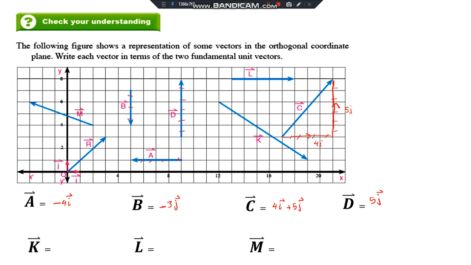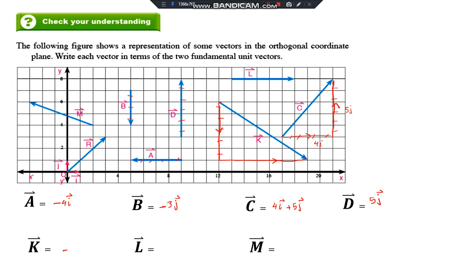And we have vector K. This is the start, so we move down, then we move right to the end point of this vector. We move down 1, 2, 3, 4, 5, so it will be negative.